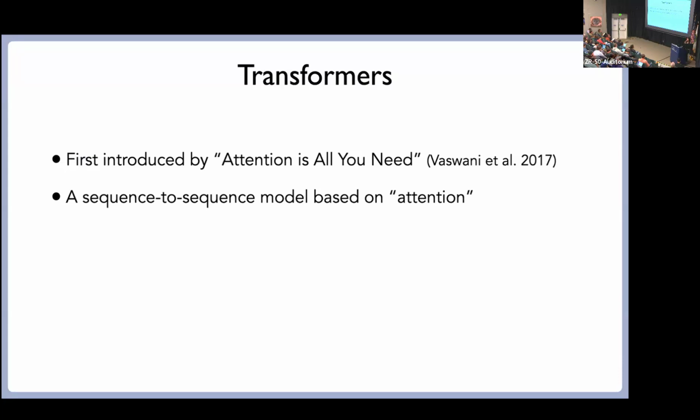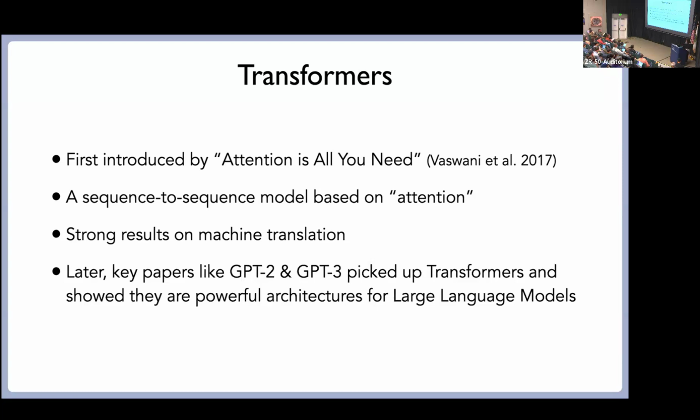The original paper was not even about large language models. It's about machine translation. This is a model that is specifically trained for machine translation and can only do machine translation, and it showed strong results on it.